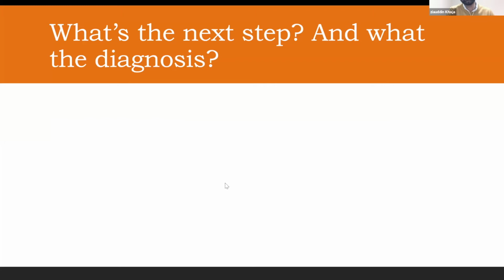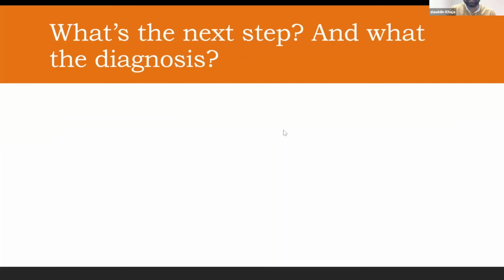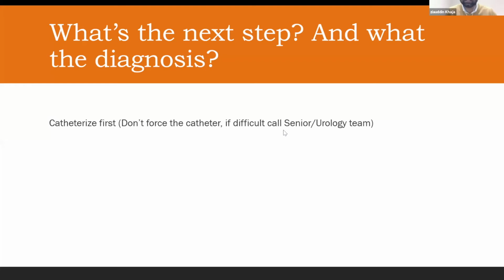So you're thinking about this gentleman has not urinated in the past 24 hours, and then you feel a suprapubic mass. So you're thinking about definitely an obstruction that is going on. So what you do is you catheterize the patient. Given the history, it's likely there is definitely some prostate problem.